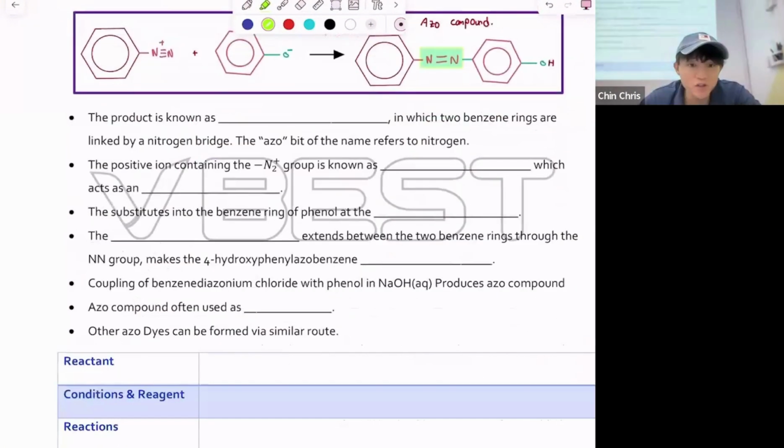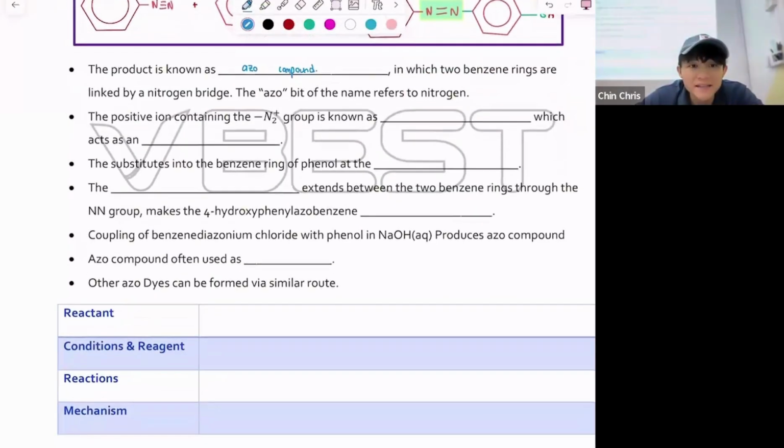The product is known as an azo compound, in which two benzene rings are linked together by a nitrogen bridge.